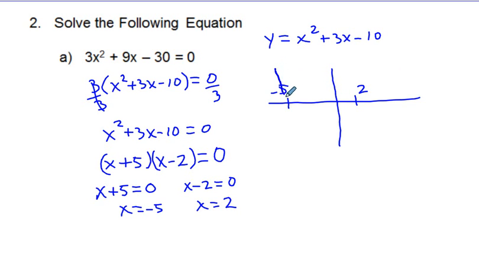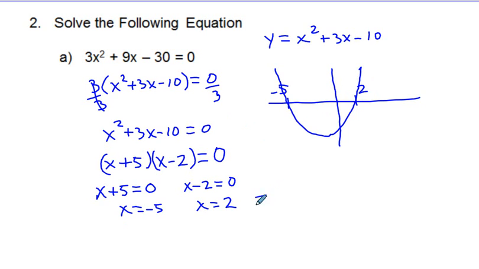Well, the graph of this parabola will look like this. I think we intersect here at negative 10, our y-intercept, and it comes up. And so this parabola represented by the function y equals x squared plus 3x minus 10 intersects the x-axis at x equals negative 5 and x equals 2, and hence our solution set.